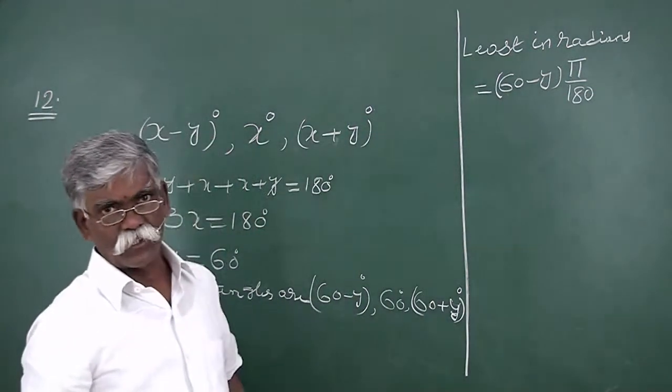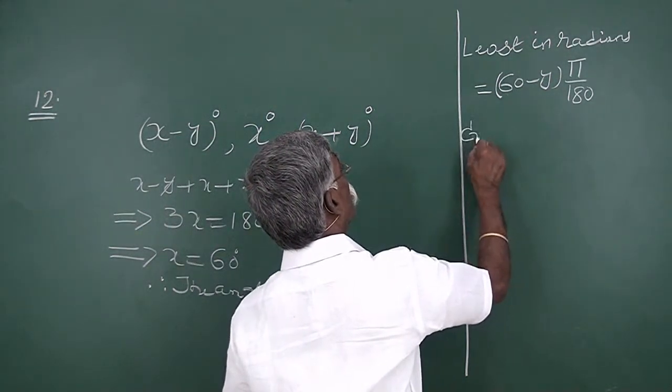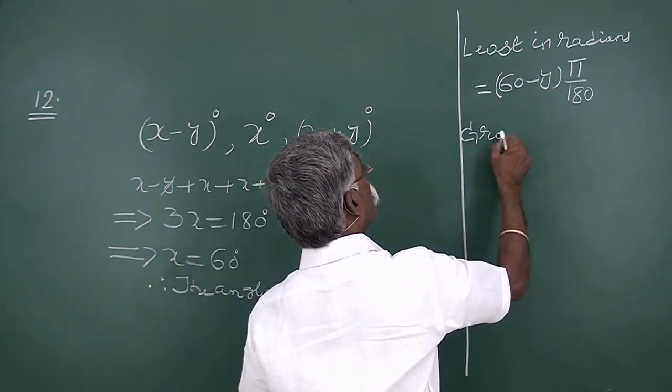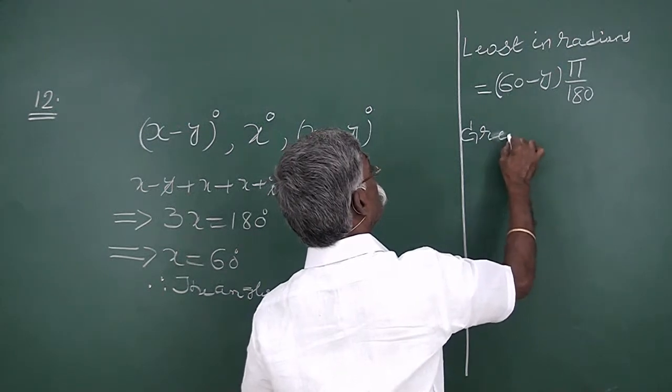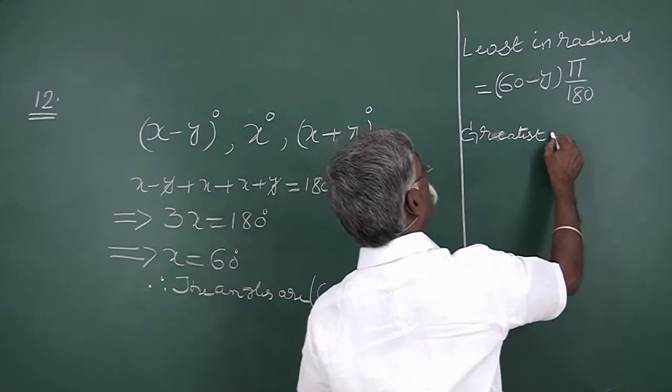So this is the least angle in radians. Now greatest.